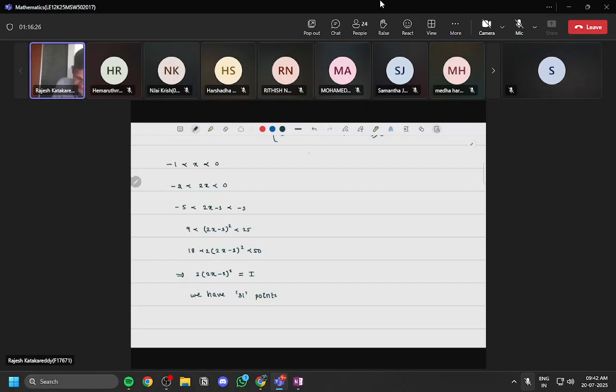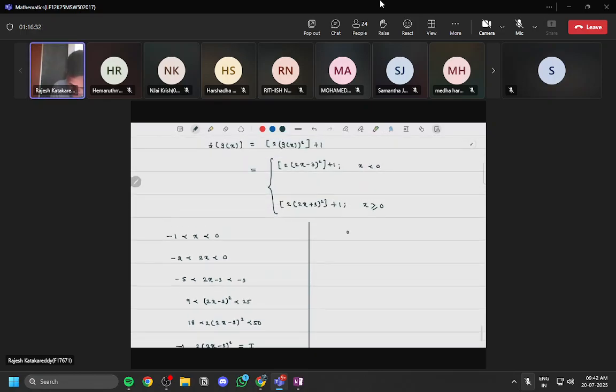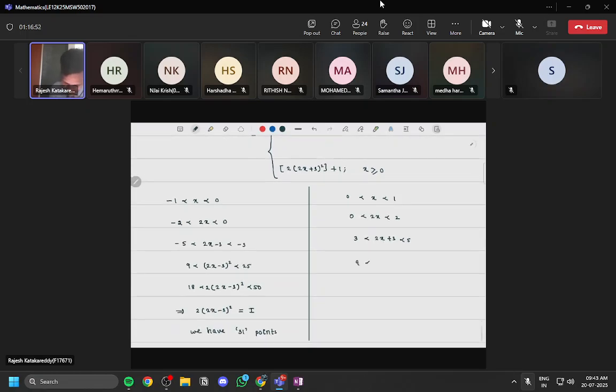Now in the same way, the second one. For that, 0 less than x less than 1, same procedure again, multiply by 2. No, 0 we need to check separately. We'll check separately. So now adding 3: 3 less than 2x plus 3 less than 5. Squaring, I have 9 less than (2x plus 3) whole square less than 25.